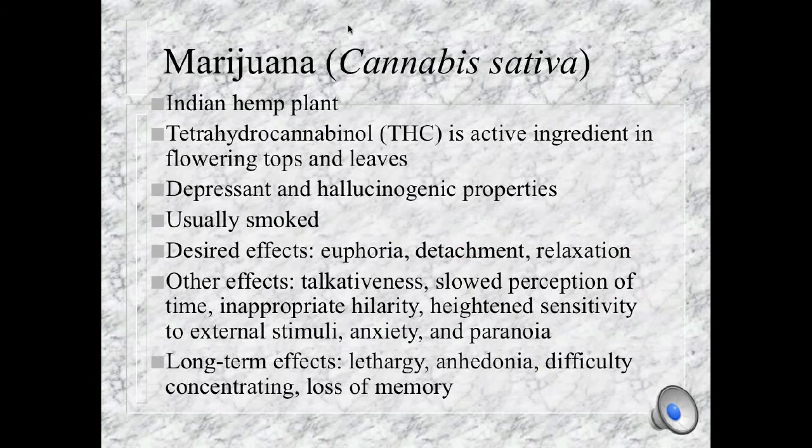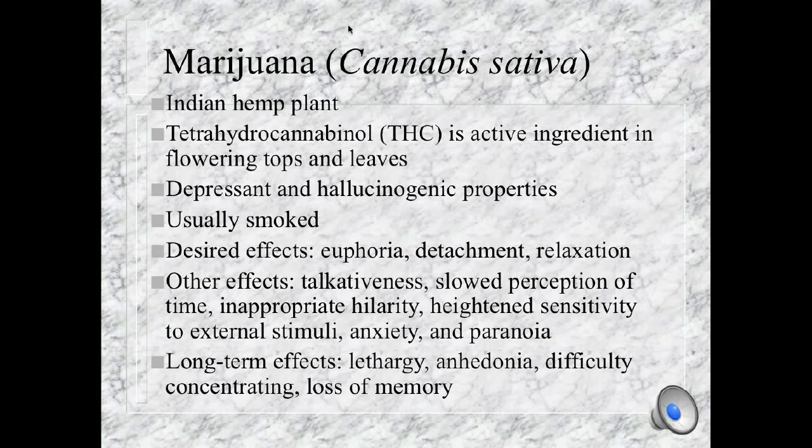So marijuana, which is the THC, tetrahydrocannabinol, is what you can see on urine drug screens. This is an ingredient of marijuana. Marijuana is kind of classified as a depressant and hallucinogenic type medication.